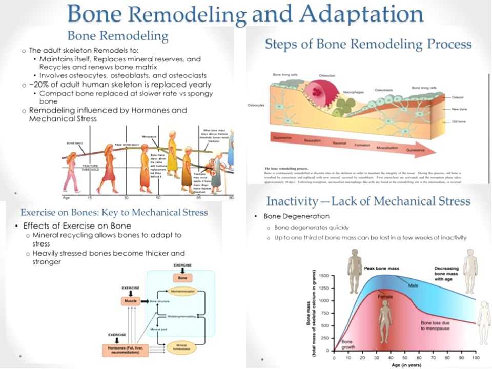All right? So a natural process in the skeletal system is that we grow bones when we're young, and we add bone matrix, bone density.